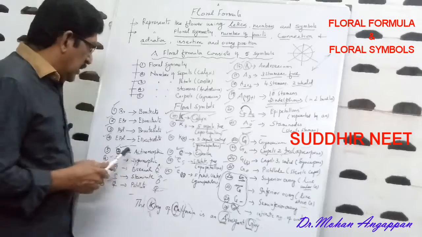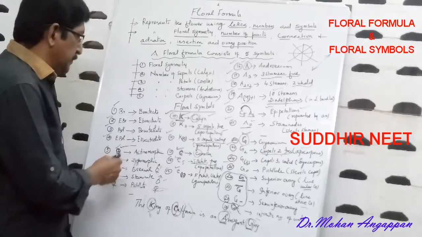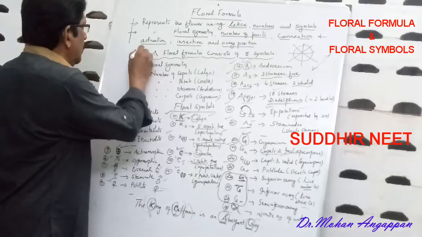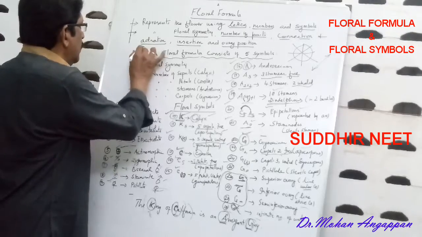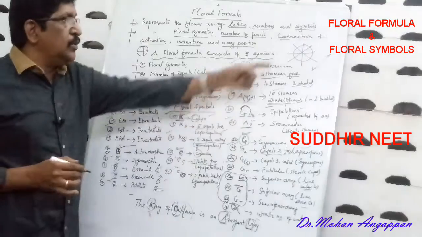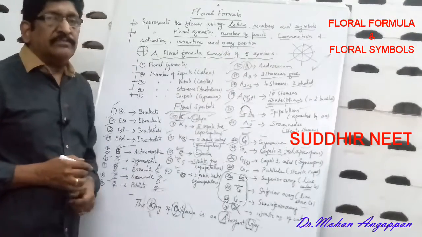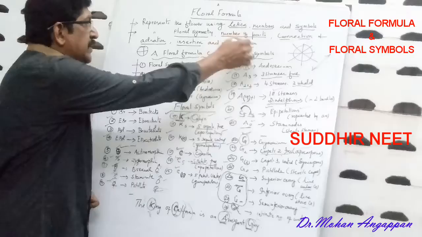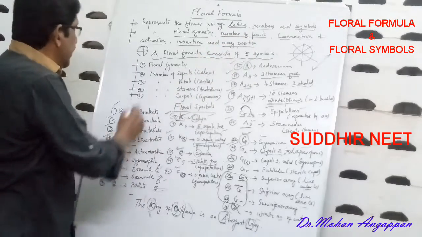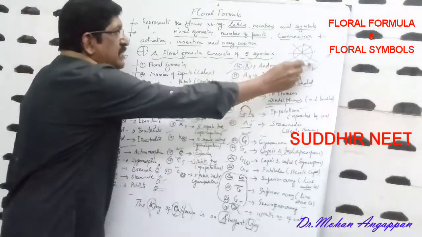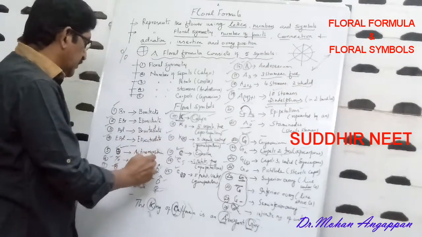Then the fifth one, if the symbol is like this, that is actinomorphic. I told you this condition. Radial symmetry. If it is like this, that represents bilateral symmetry, zygomorphic.